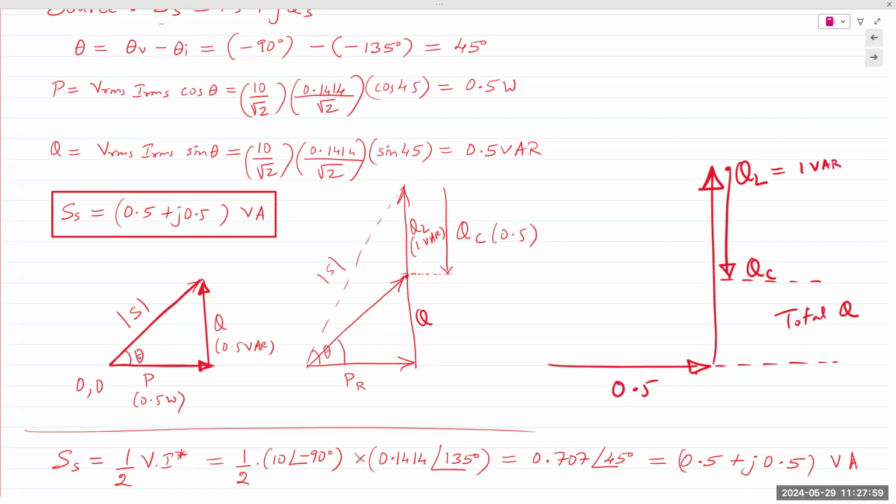You join those two together, you have the magnitude of S. So power triangle: real power P on the x-axis, reactive power Q on the y-axis. Total reactive power is QL minus QC, which in this case is 0.5 VAR, and P is 0.5 watts. You join the two together, the hypotenuse of the right angle triangle, you get the magnitude of S.